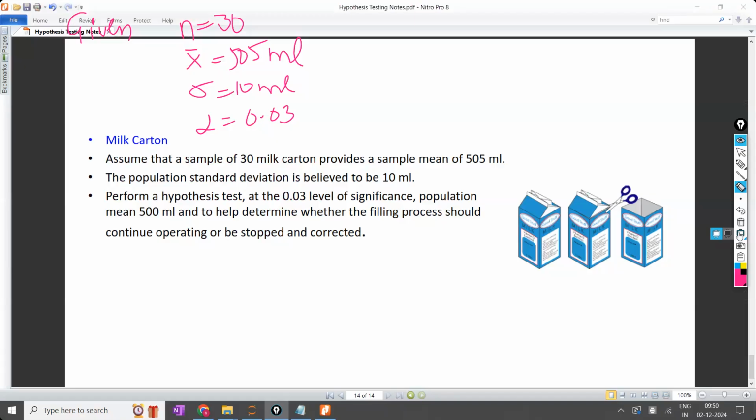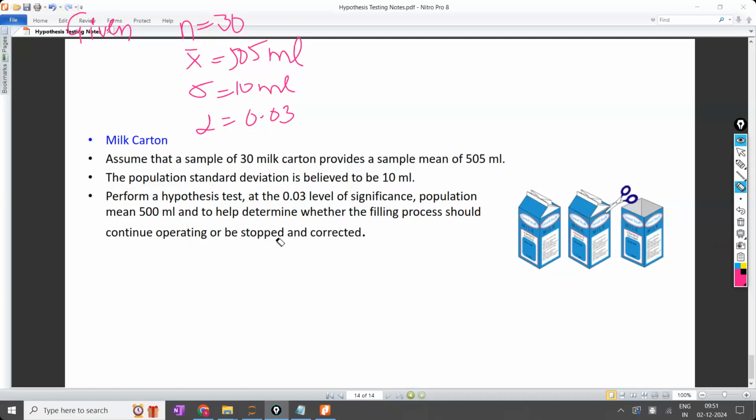Now, who is performing the test? Is it the inspector, or the company people? Company people are performing the test. How can you know? Because stopping and correcting will be done by the company, not the inspector.